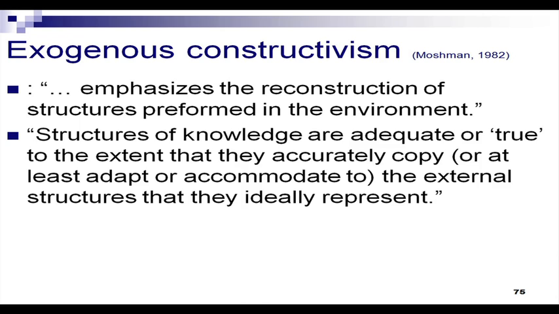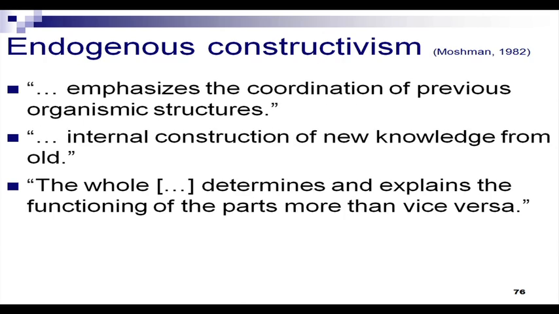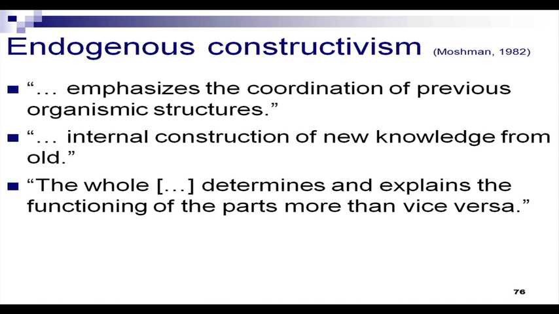The second paradigm is endogenous constructivism, which is what Piaget also talked about. It emphasizes the coordination of previous organismic structures. We situate whatever we are observing within what we already know. We connect it to whatever we know, and we come up with an interpretation that reflects what we know and the connection of what we know to what we are trying to know.